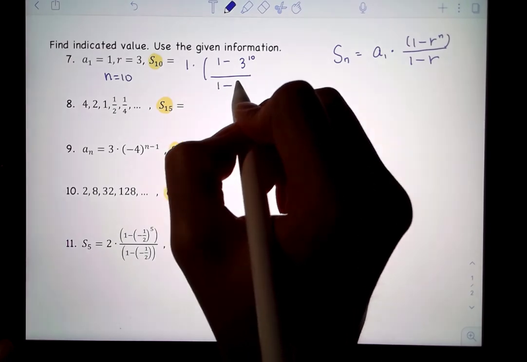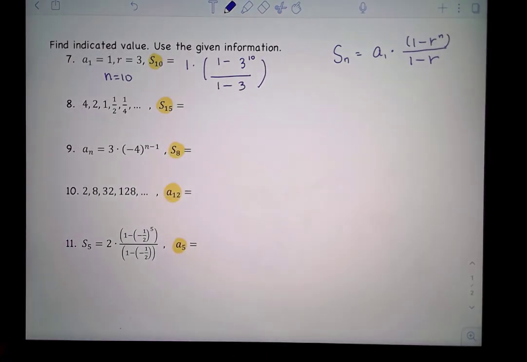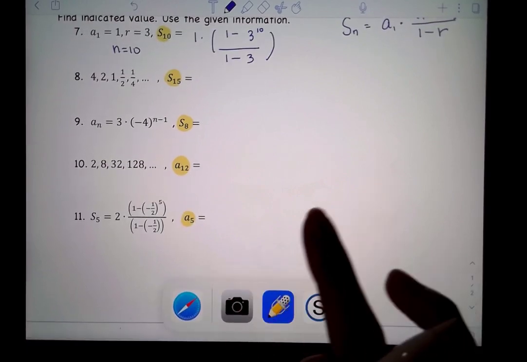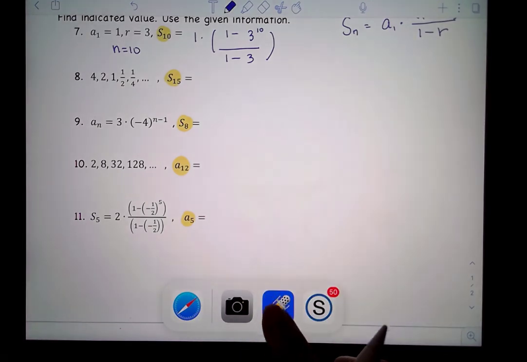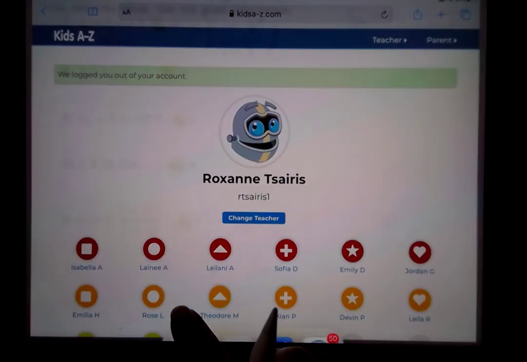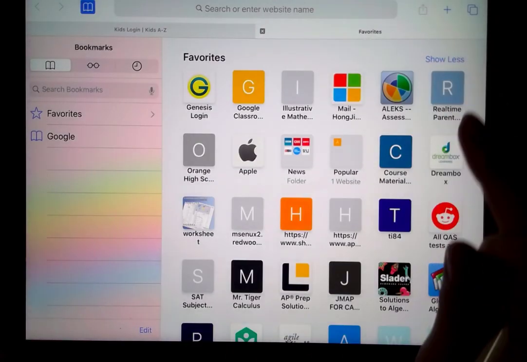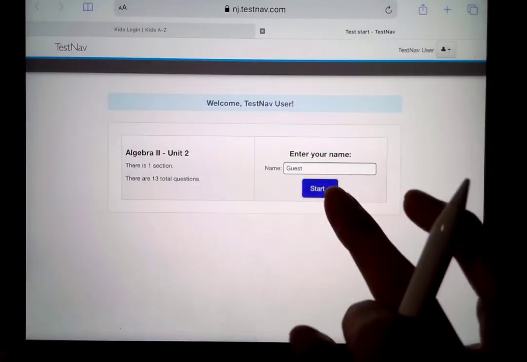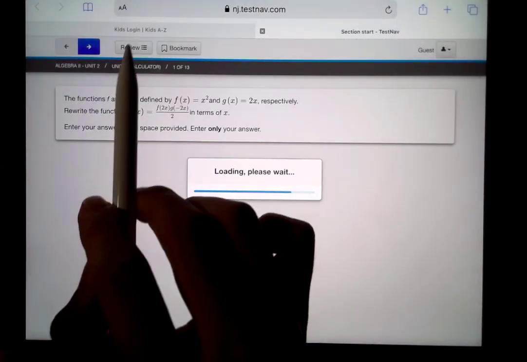And 1 minus 3, like this. All right, so let's calculate it. For this, I want to see this equation, and then after that I want to see the answer, guys, because I just want to check you know how to use a calculator or not.